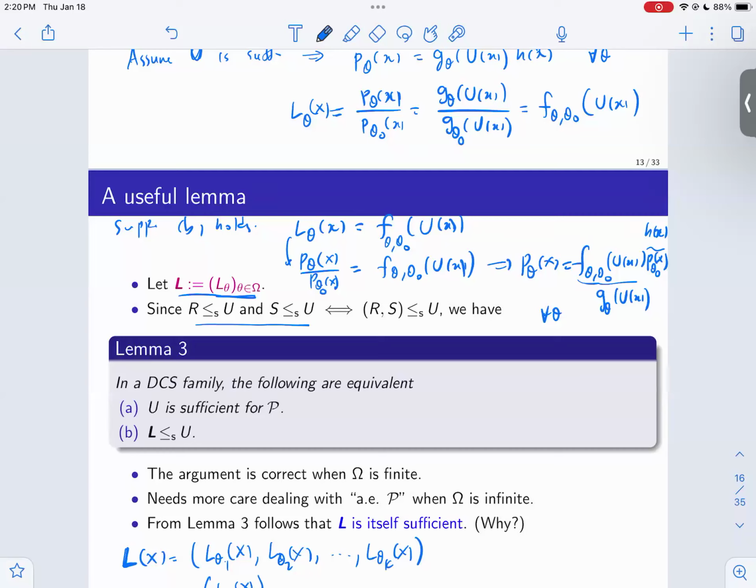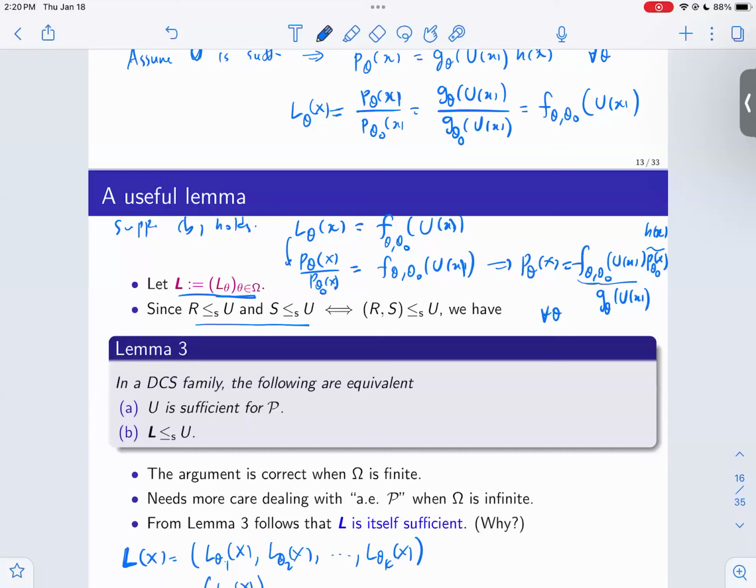Let's say I prove this. Can I conclude from this that L is sufficient? This gives you a way of checking whether a statistic is sufficient. If I give you a statistic U and you want to check if it's sufficient, you can use the definition, you can use the factorization theorem, or you can use this.